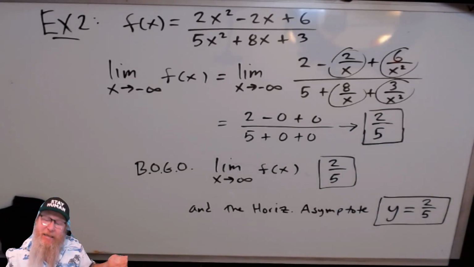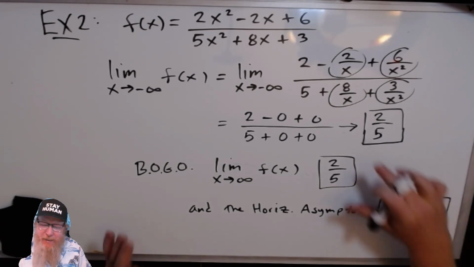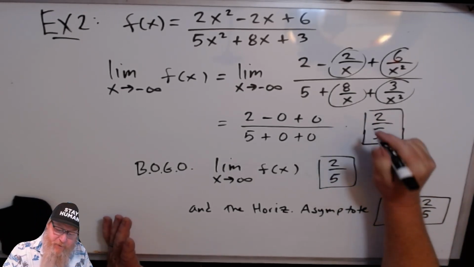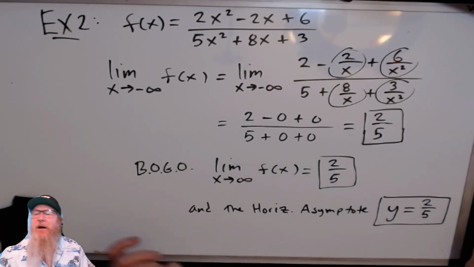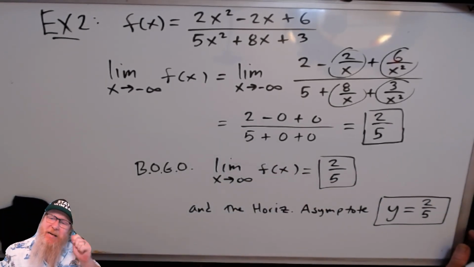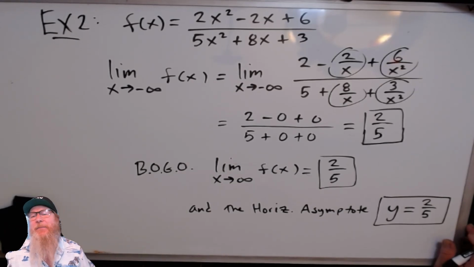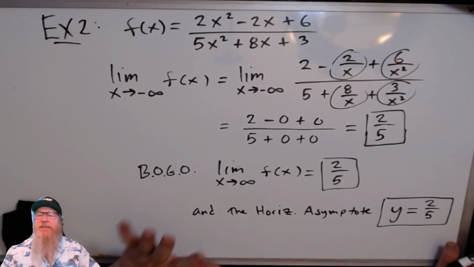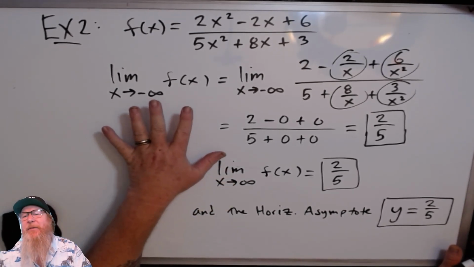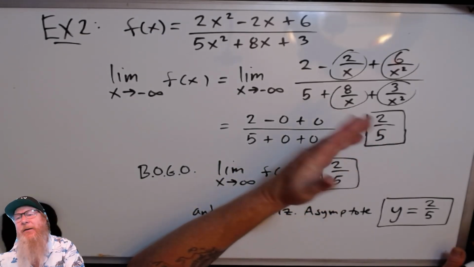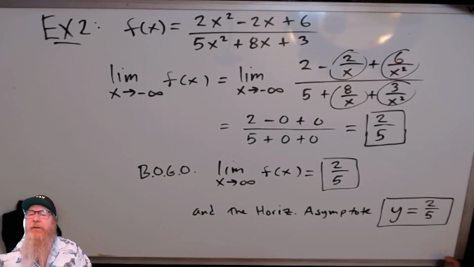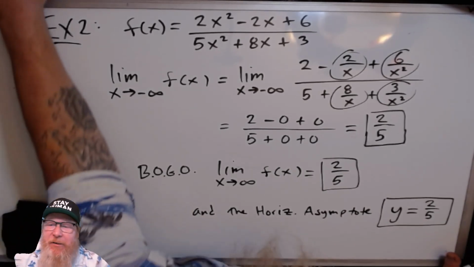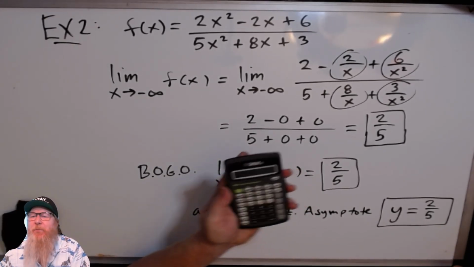And it really is. I'm considering making a separate philosophy video about the difference between approaching something versus equaling something. At this point, I'm just going to say that if you calculate a limit and you get a real number, you can say it equals it, even though it never actually equals that real number. On a calculator, it would never actually be 0.4.